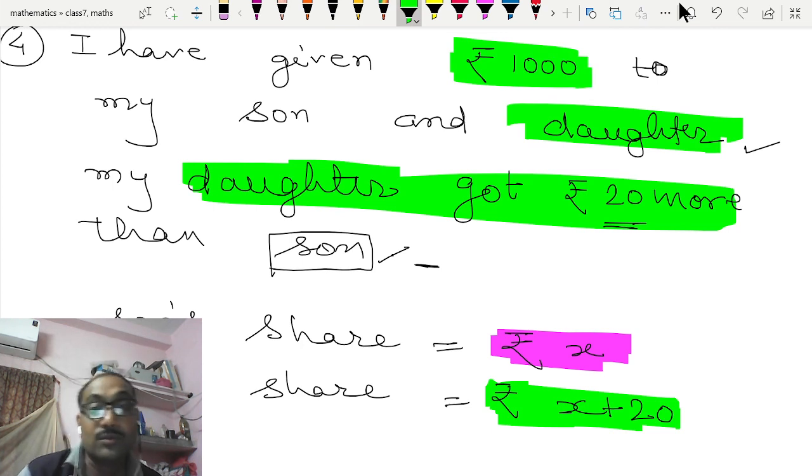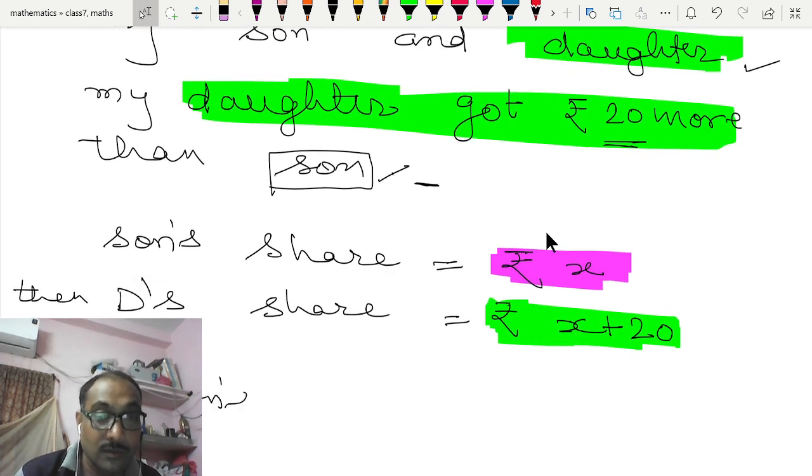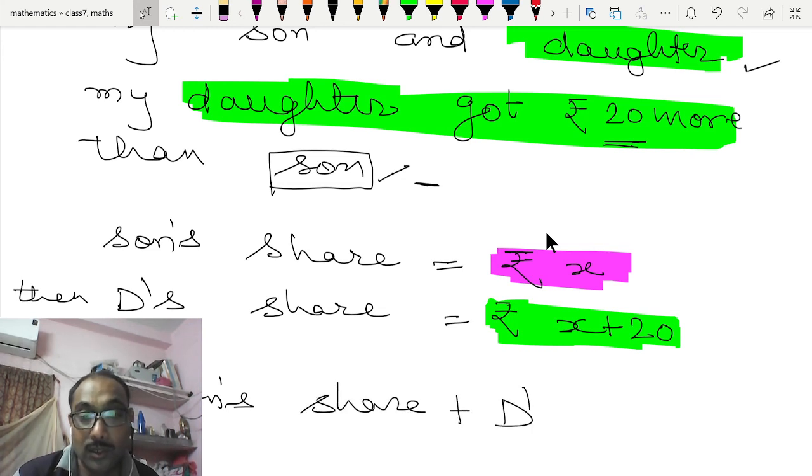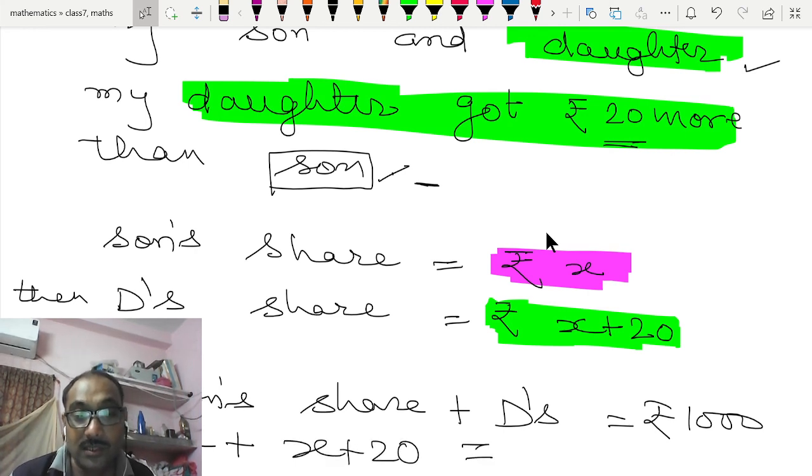So according to the question, son's share plus daughter's share is equal to rupees 1000. So it is x plus x plus 20. This is equal to rupees 1000. This is the answer. Got it?